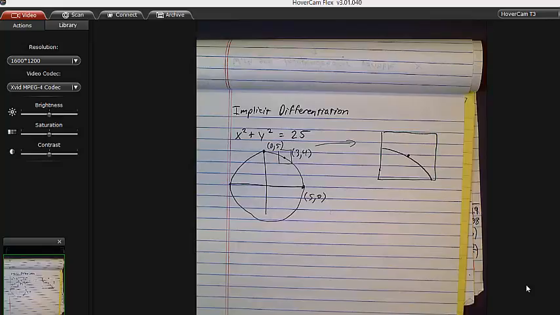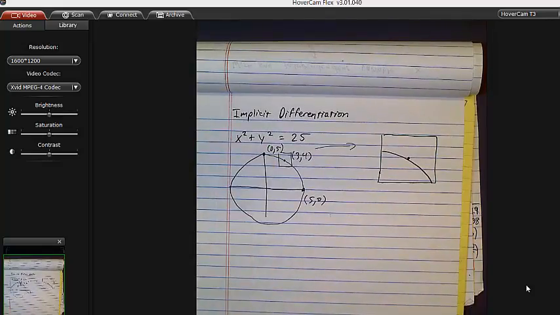And so even though I don't have a function per se, implicitly a function is defined locally. That's kind of the idea behind this. Now the process you might remember. Do you remember the process, what you do?